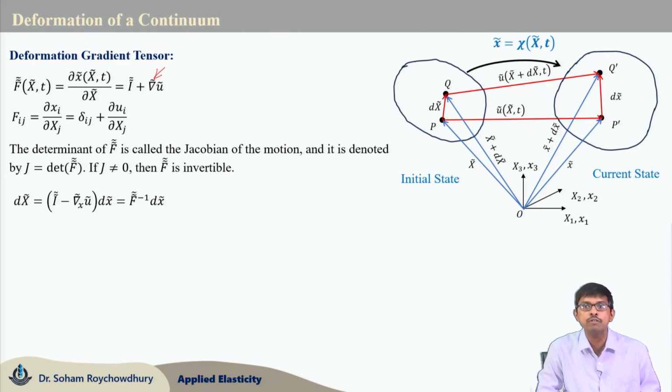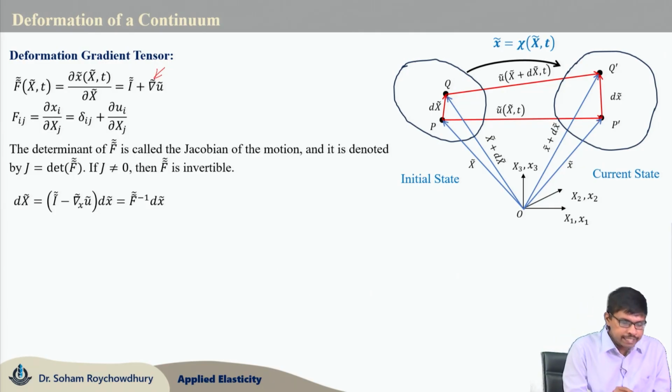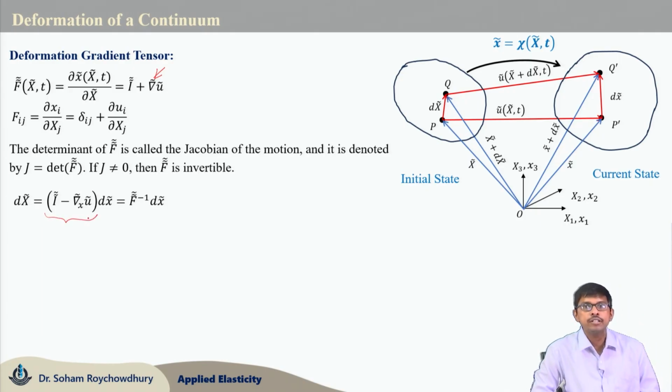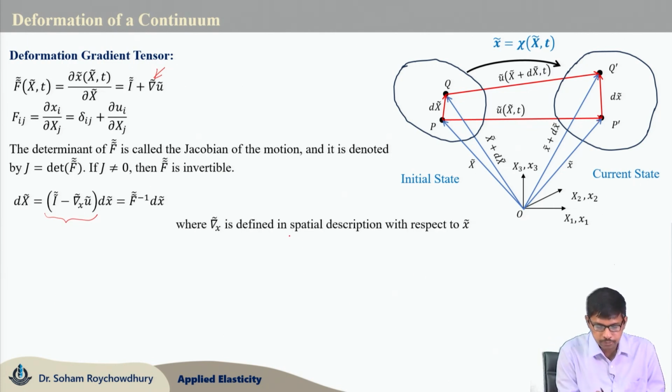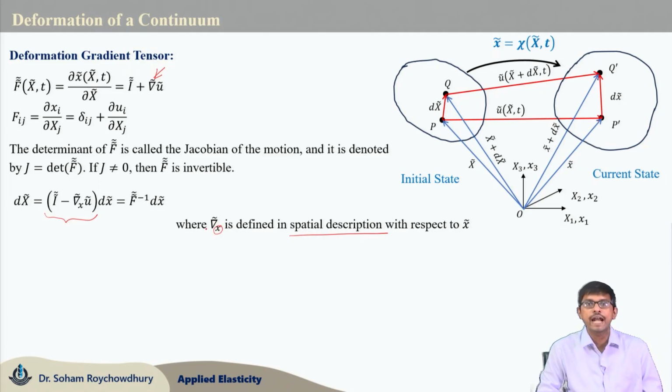Now, in this particular spatial description, when f is written as a function of small x, using a similar approach, it can be shown that f inverse equals I minus gradient of u, but here this gradient is defined in the spatial coordinate. That is why I have added a small x in the subscript of the grad operator.